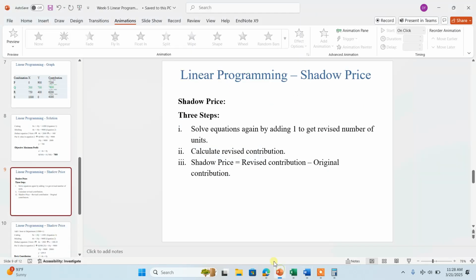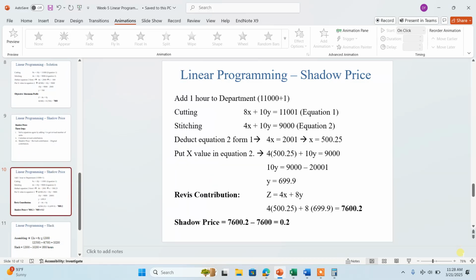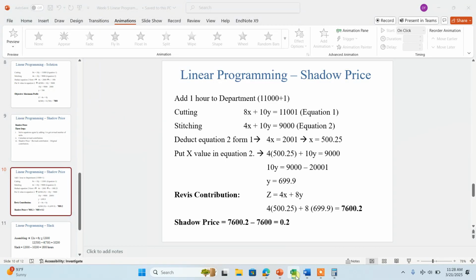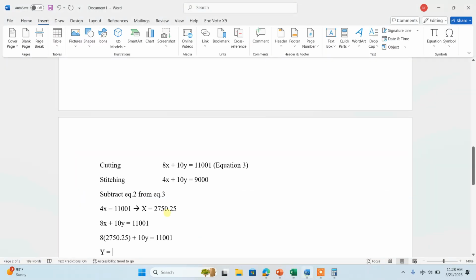I have already solved here, so let me make it quickly. You can see that I have added 1. Okay, here I name it equation 1, then 2. Then we deduct it. Sorry, I didn't deduct it here.